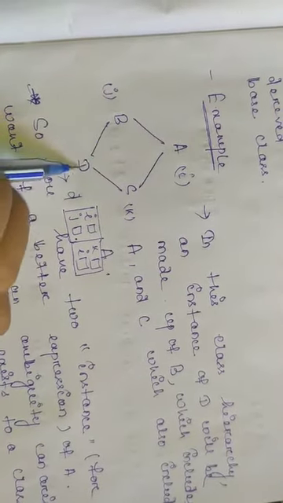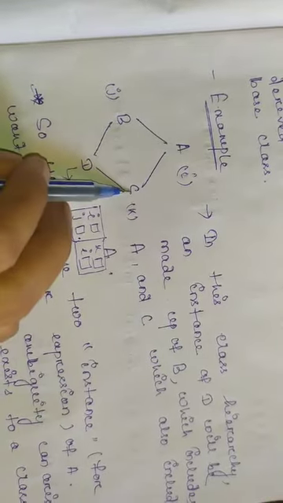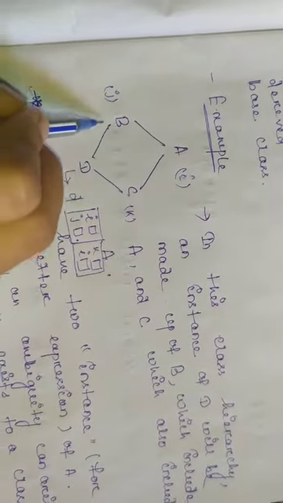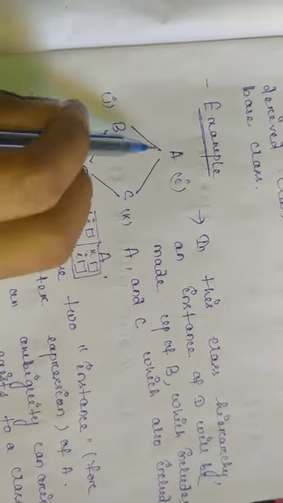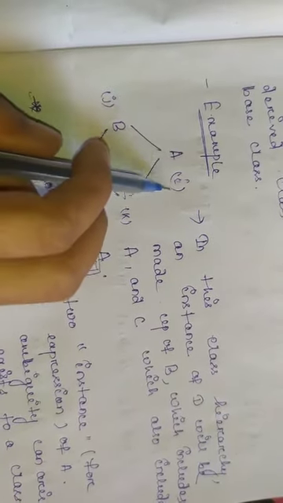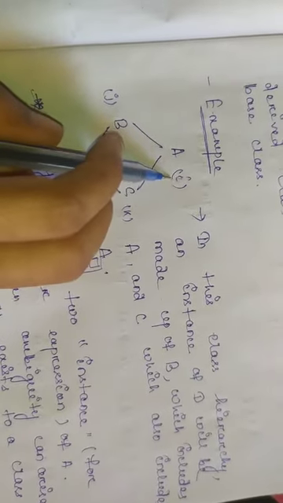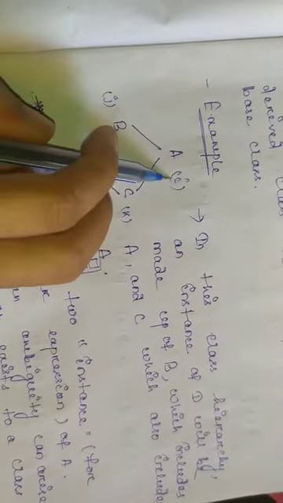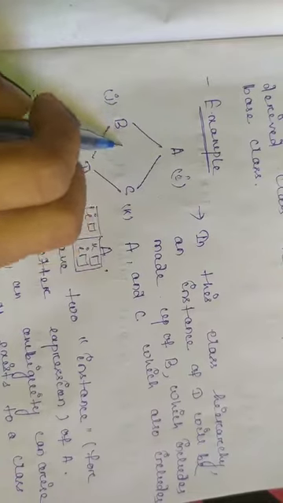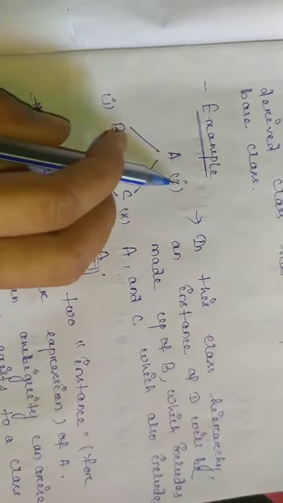As D is derived from both B and C, and as B is also a derived class of A, if I is public or protected, then it can directly access the variable.